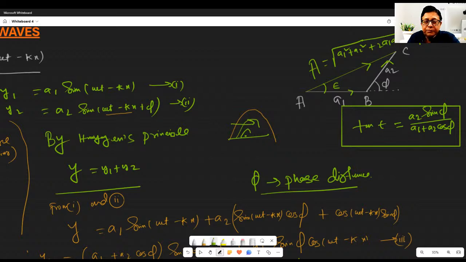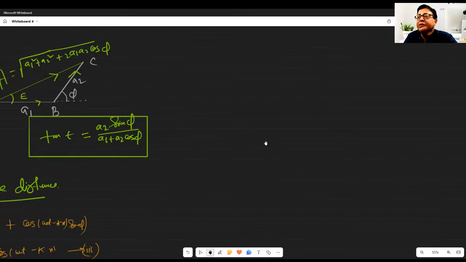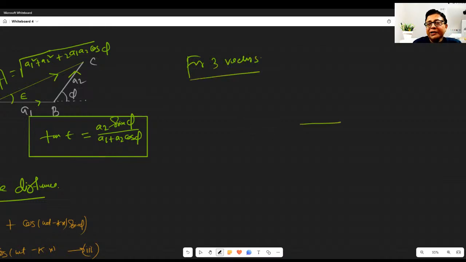Now, let me tell you what to do with three vectors. If three vectors are there, how to find the resultant? Just extension. Take one this way, the other one this way, third one this way, A1, A2, A3.